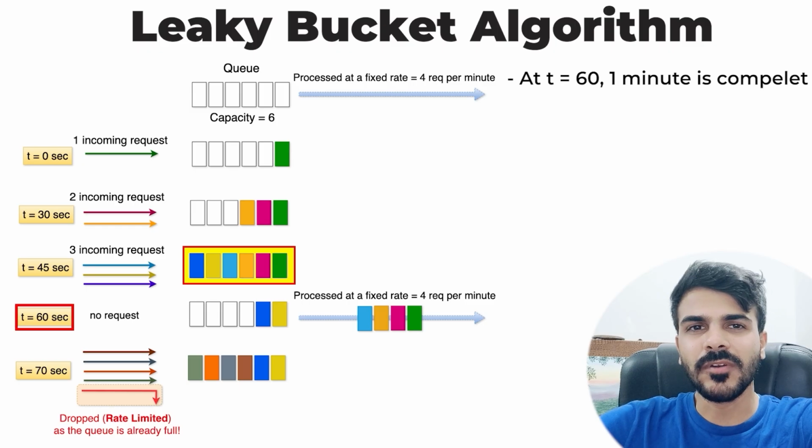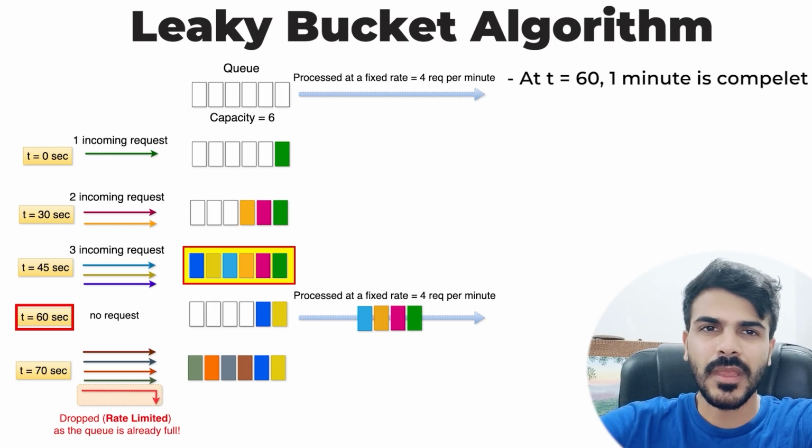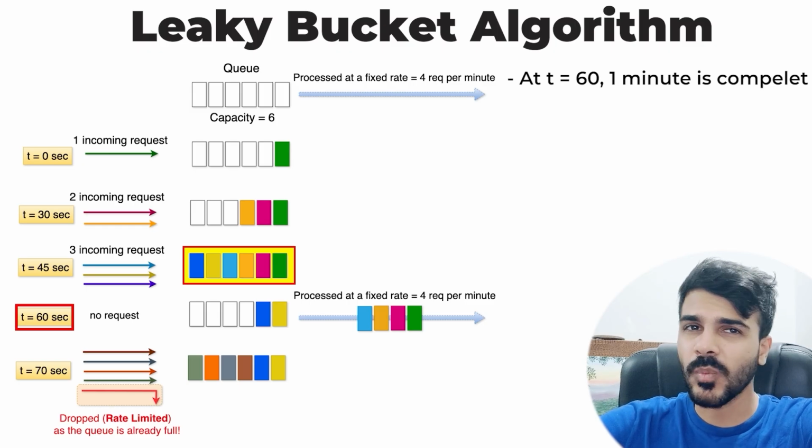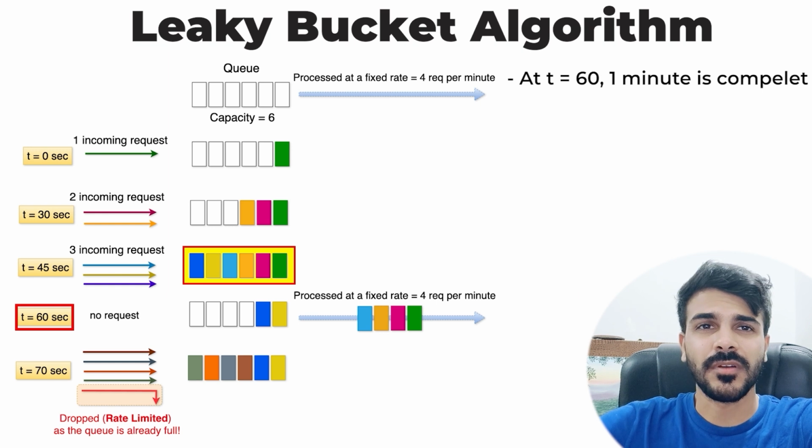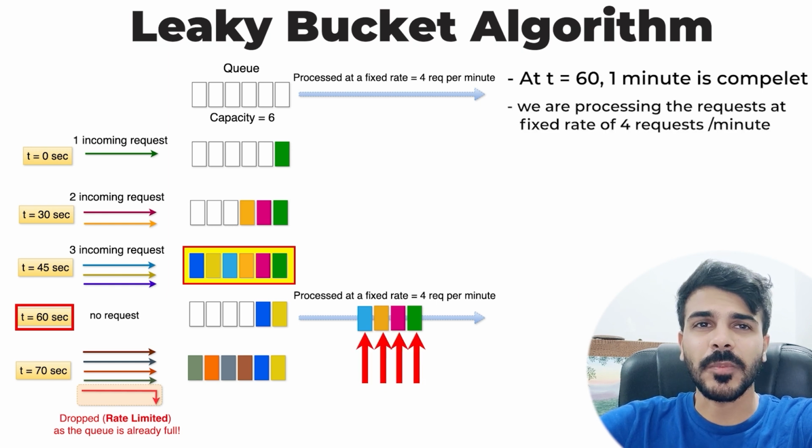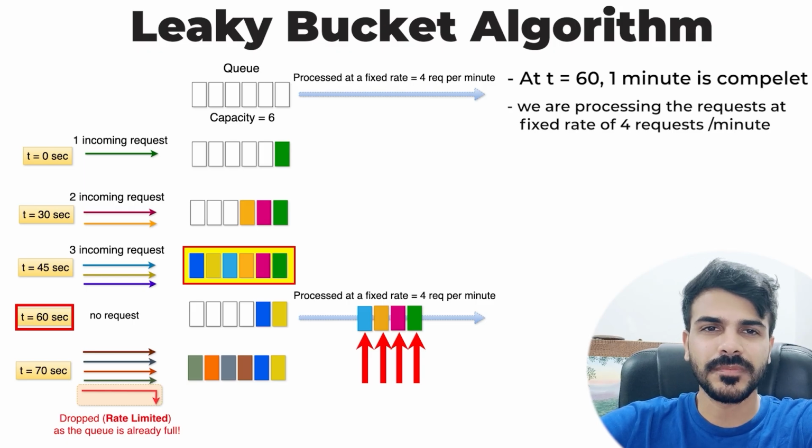Now we come to the t equal to 60 second mark. Here, we have completed 1 minute. Therefore, we would be processing 4 requests because we are processing the requests at a fixed rate of 4 requests per minute. Therefore, the green, the pink, the orange, and the blue requests would be processed and taken out from the queue.